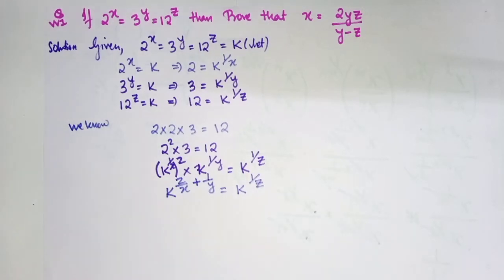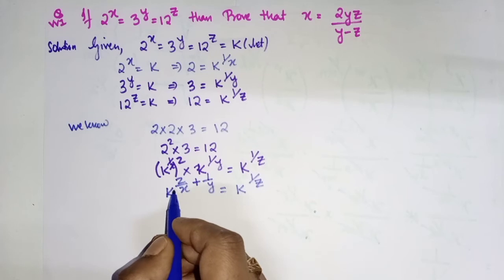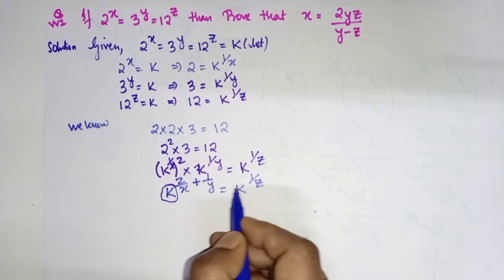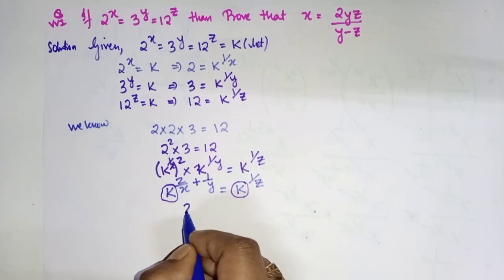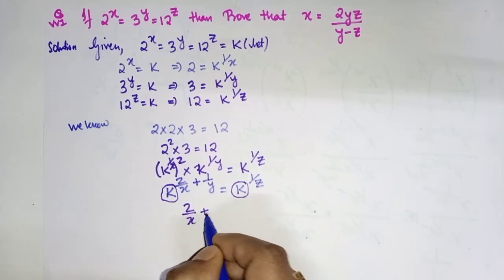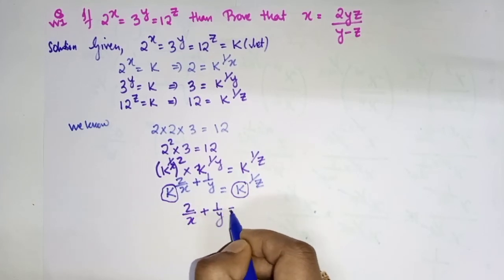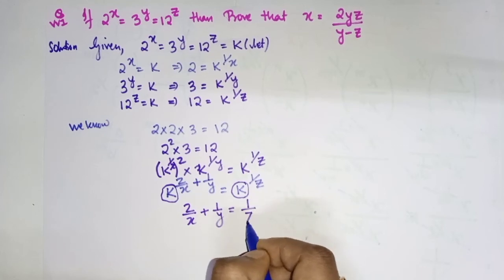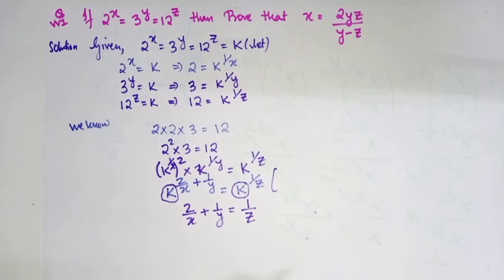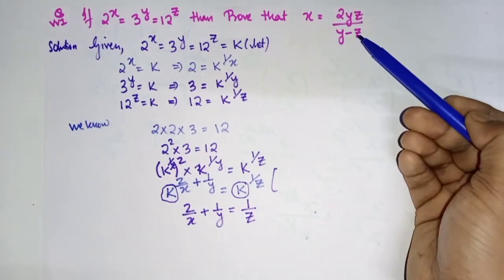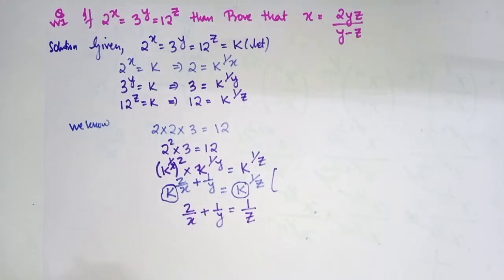Now you can see what happened here: the bases are same, which means the powers have to be same. That means 2 by x plus 1 by y equals 1 by z. Now you have to look at the question and make this answer.